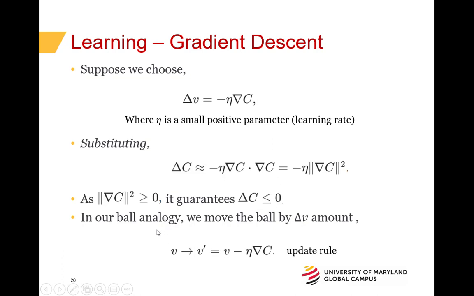So in the case of our ball analogy, we move the ball from V to a V prime, the new location, by changing V, by taking the difference of V and eta times the gradient of C, okay? So that gives rise to the new vector location.